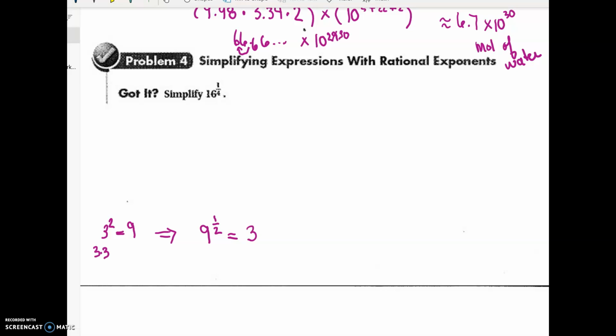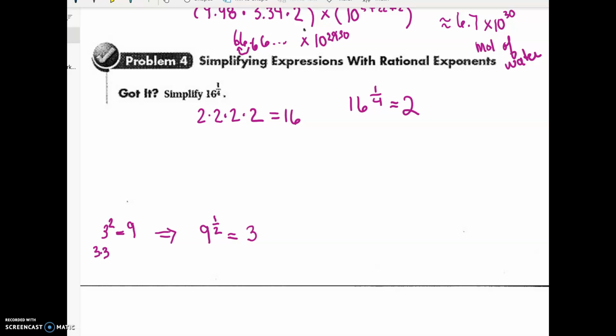That's asking what number times itself 4 times would give you 16. I know that 2 times 2 times 2 times 2 gives us 16, so 16 to the 1/4 power has to equal 2. It multiplies by itself 4 times.